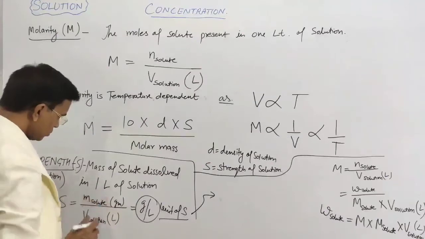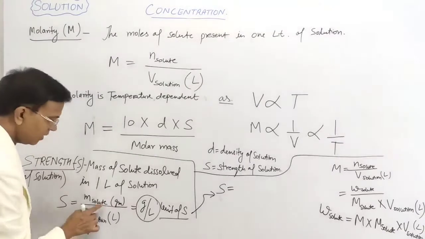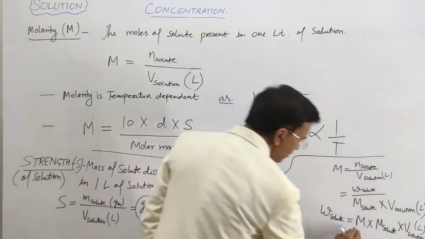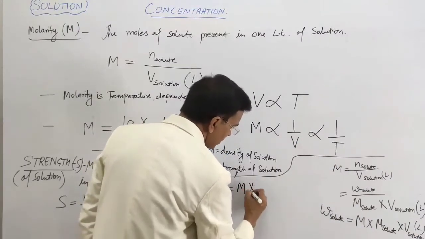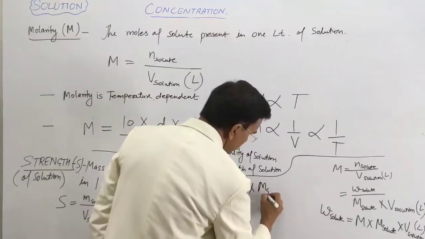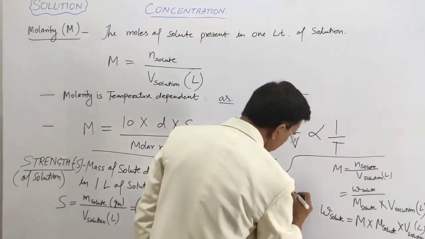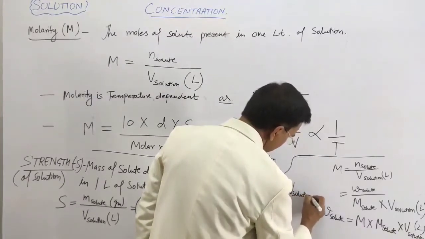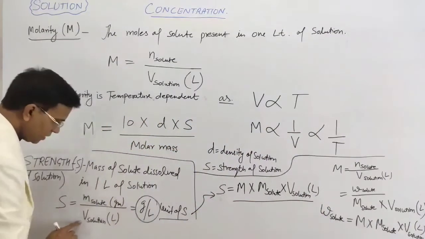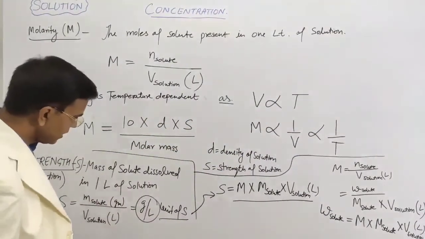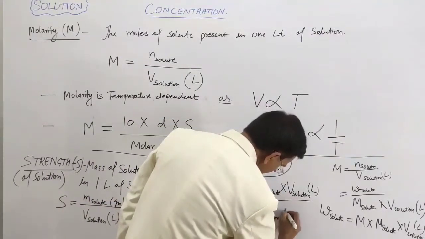So we can replace this weight of solute in this formula. S will be mass of solute, and in place of mass we can write molarity multiplied by molar mass of solute multiplied by volume of solution in liters, upon volume of solution in liters.